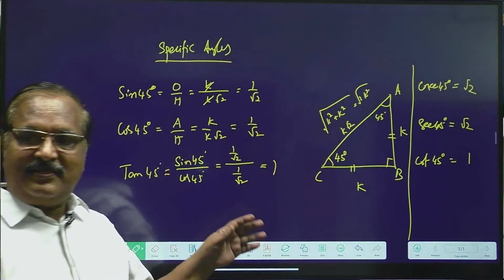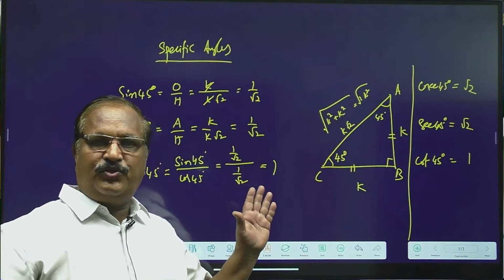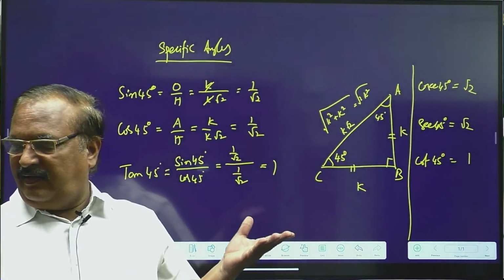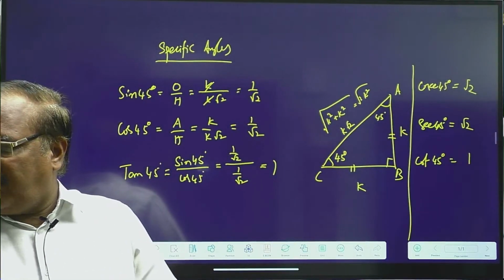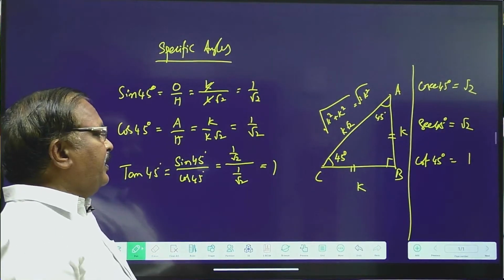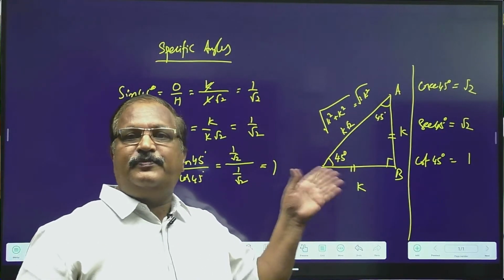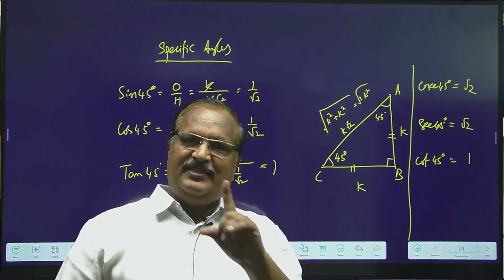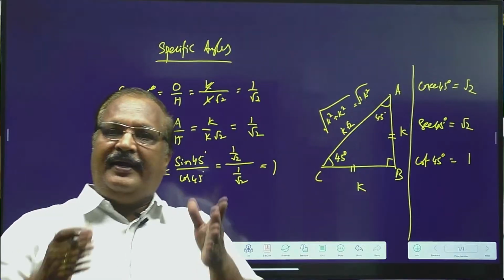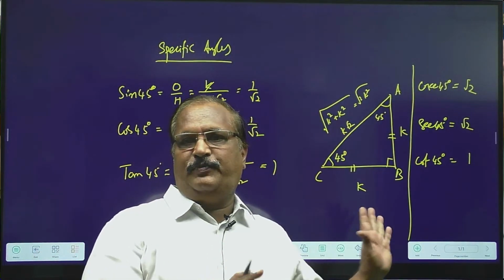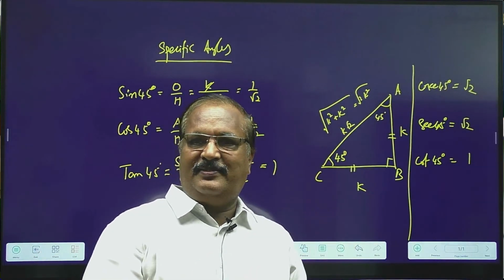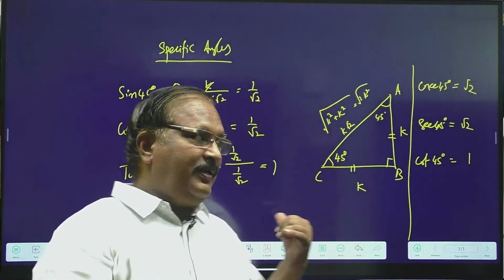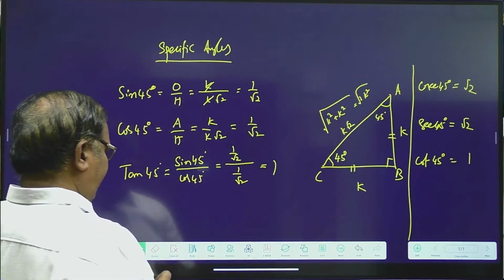So these are all the trigonometric ratios of 45 degrees. So this is what specific angles are. 45 degrees is one, where the right triangles have special cases.